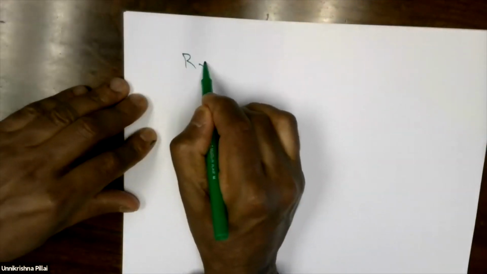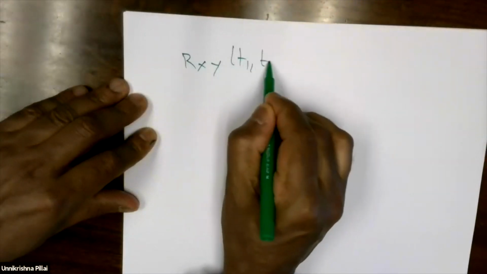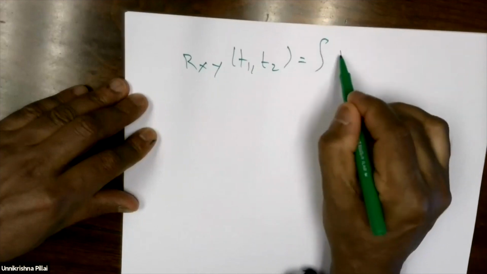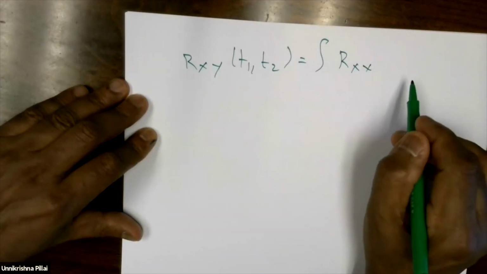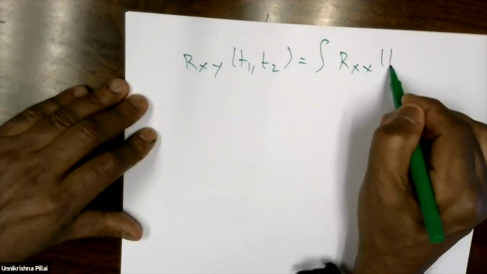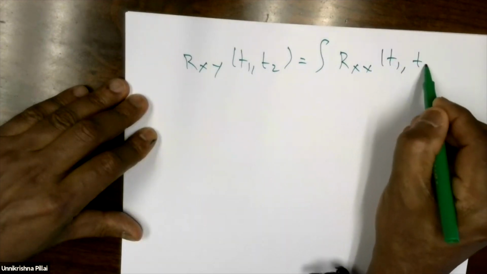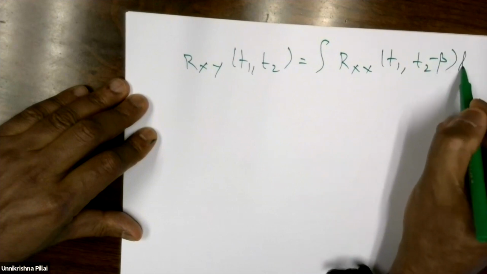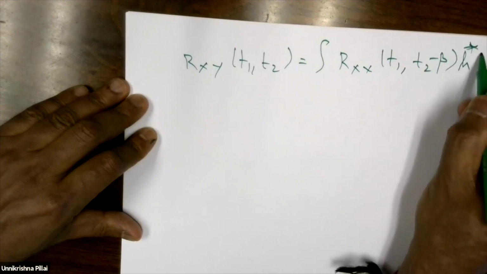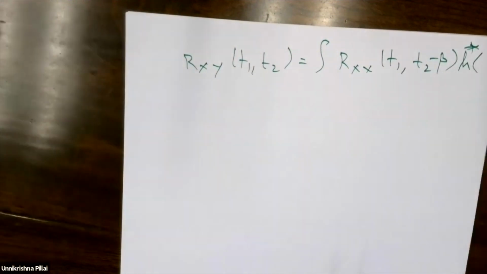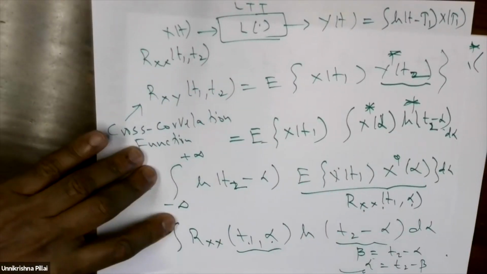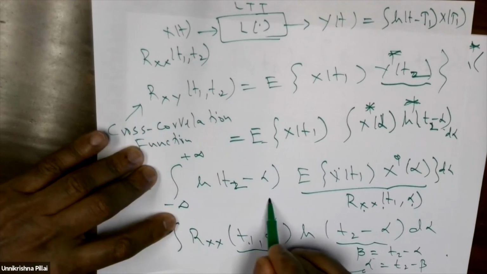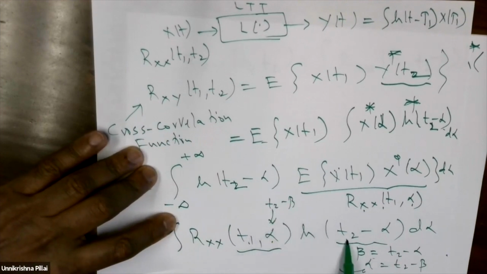So Rxy of t1 comma t2 is the integral of Rxx of t1 comma t2 minus beta multiplied by h star of beta, d beta. Notice this is Rxx of t1 comma alpha. Instead of alpha, I'm putting t2 minus beta, so this will become beta.